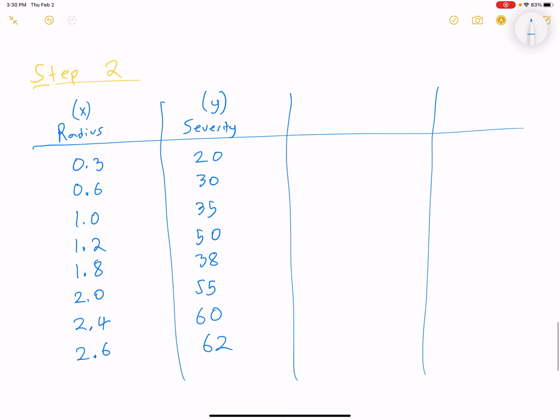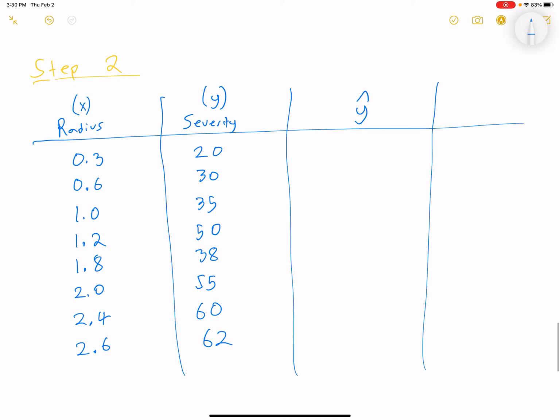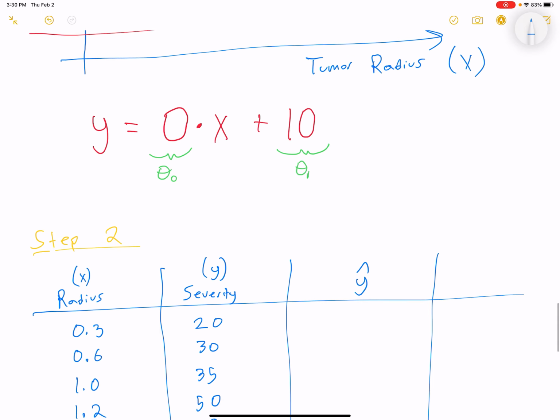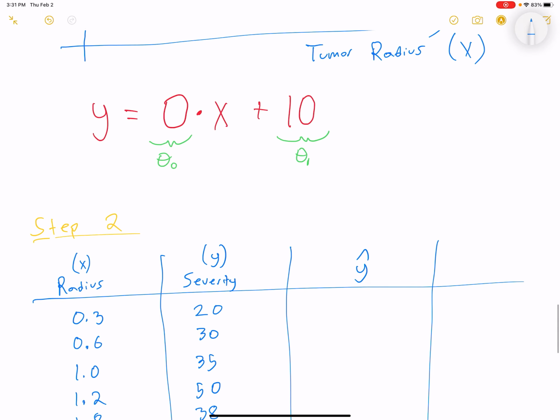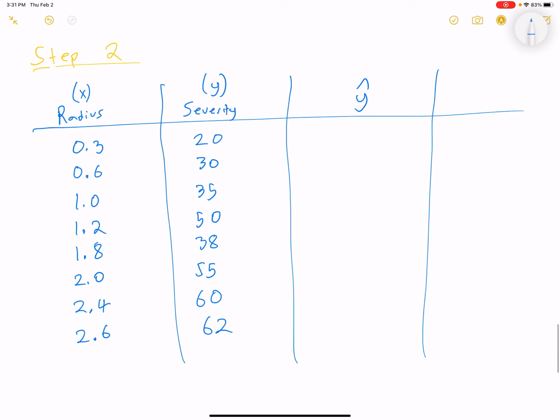Just like in your homework 1, we want to make a prediction, and it's easy to make predictions here. The prediction's 10 every time because the equation's y equals 0x plus 10. So this column's pretty easy to fill out: 10, 10, 10, 10, 10, 10, 10, 10.